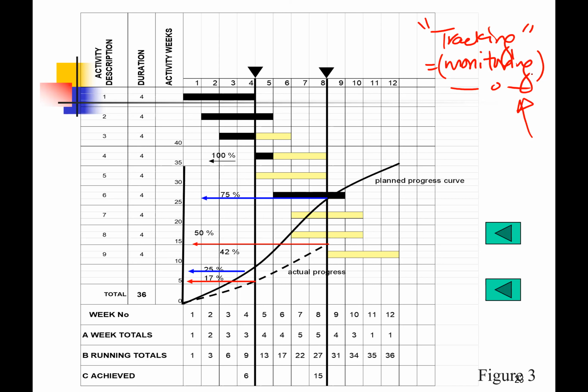You are the one who has to tell your boss, we are running late and we need to do something. Now let's assume this thick line here is what we call the plan, based on this figure here. So we get the plan.